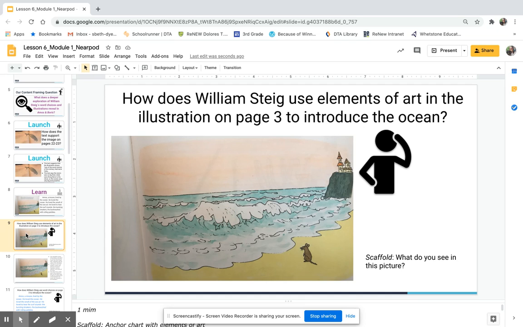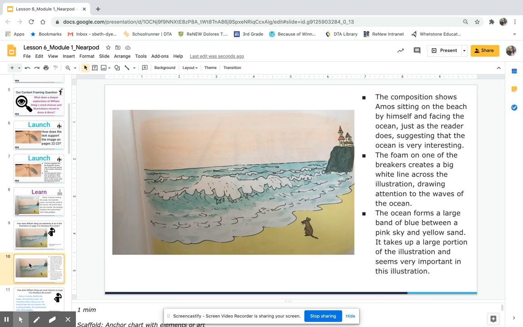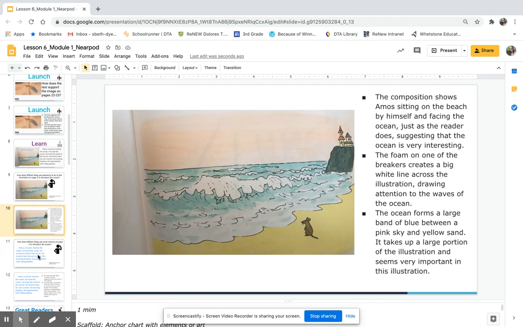Remember that scaffold was just, what do you see in the picture? And we said that the ocean was the main part of the picture, that Amos looks really small compared to the ocean, and it looks like he's looking out at the ocean. So that suggests that the ocean is really important and interesting.